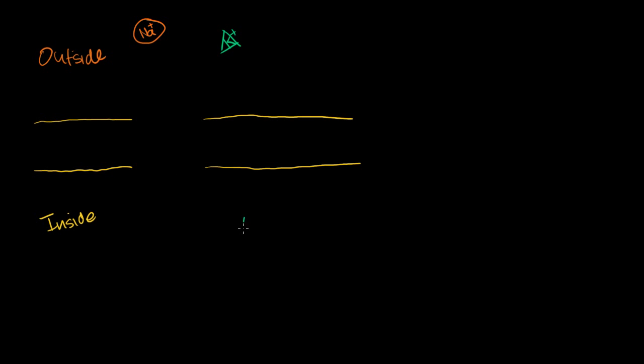So let me draw some potassium. I'll just do it as a triangle. It shouldn't be a times sign. It should be plus. So there's some potassium inside the cell, and then there's some potassium outside. There's a plus charge, and then there's some sodium inside the cell. They're all positively charged. Sodium inside, some sodium outside.